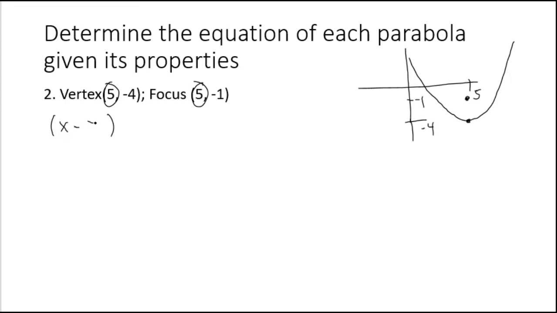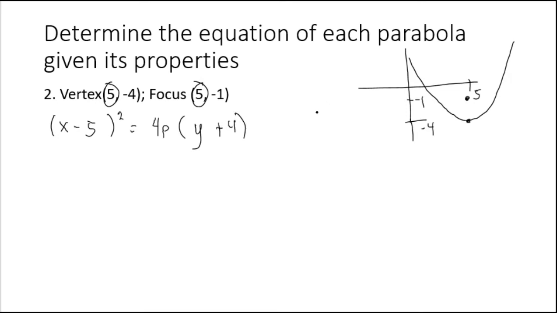So x minus 5, because this one is positive, it becomes negative when we put it in the formula. Then squared equal to 4p, positive because the opening is upwards. And for our k, negative 4 becomes plus 4.